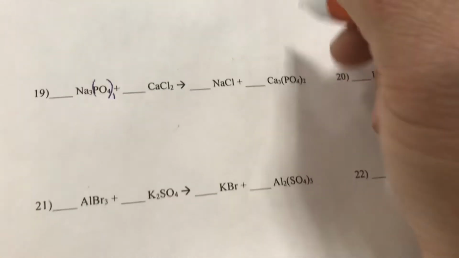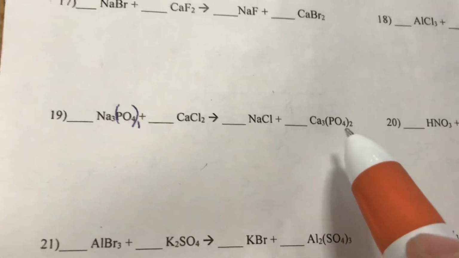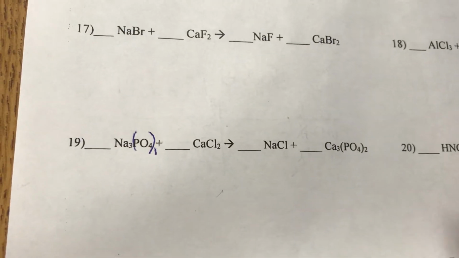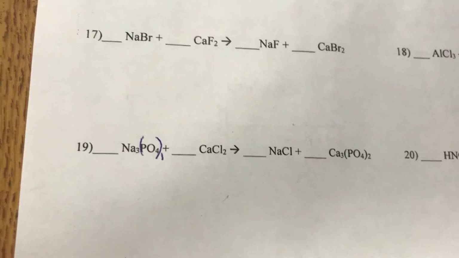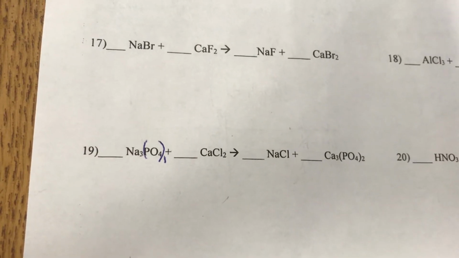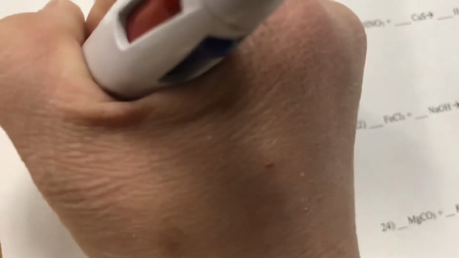You don't need to use the blue sheet to identify the poly because you can tell this poly based on the fact that you have more than one atom. Okay, so I'm going to use a blue pen, PO4 1, and this is also another poly, but I will have parentheses in the bracket and the 2, so you're good. So then I don't have water, then I can start with the table. I get Na, parentheses PO4, Ca, and Cl.